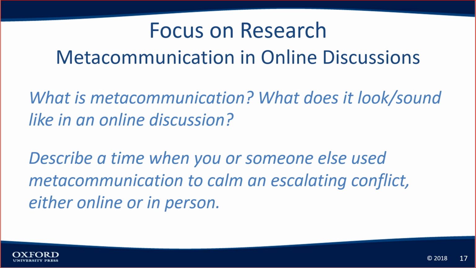So if I say to my partner, don't forget that we have a commitment at 10 o'clock, what I'm really telling my partner is that I want to make sure we get out of here on time. So think about when you used meta communication. Maybe you used it to calm an escalating conflict. Can you think of one?